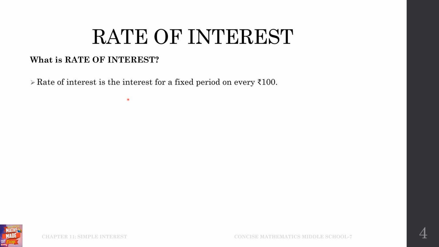So rate of interest is the interest for a fixed period on every 100 rupees. That means for a fixed period, it may be 1 year, 2 years, or it depends on the person who is lending us the money. It is also known as rate, and it is represented with R.